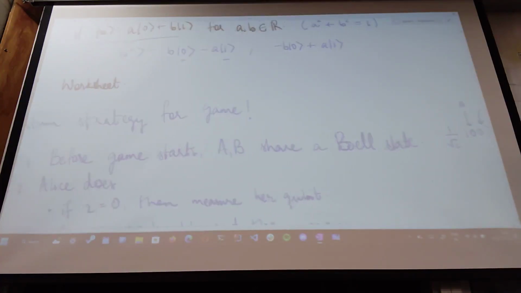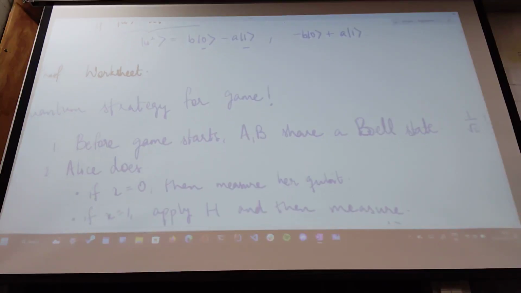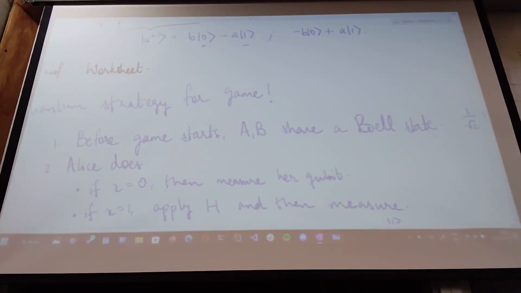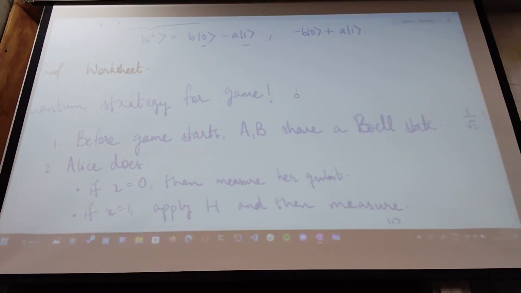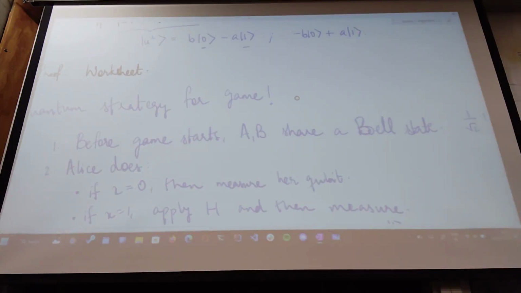Now, here's what Alice does. If Alice receives input from Charlie as x equals 0, then she immediately measures her qubit in the 0, 1 basis. Otherwise, Alice applies a Hadamard, and then she measures her qubit.